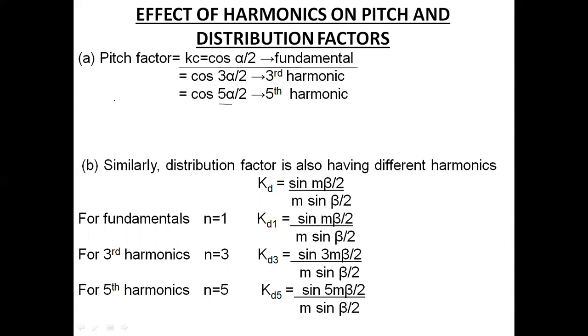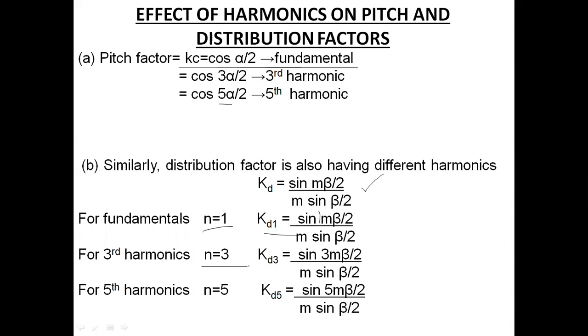Next, the distribution factor we will also calculate for different harmonics. First for the fundamental, Kd is equal to sine m beta by 2 by m sine beta by 2. This is the fundamental distribution factor without harmonics. So for the fundamental, n is equal to 1, Kd1 is equal to sine m beta by 2 by m sine beta by 2, and we multiply by 1 here.